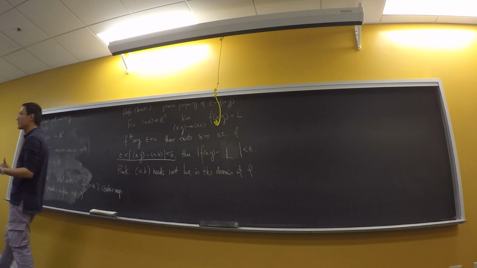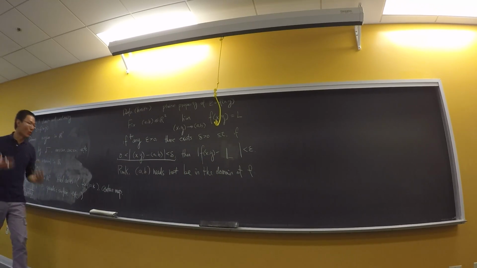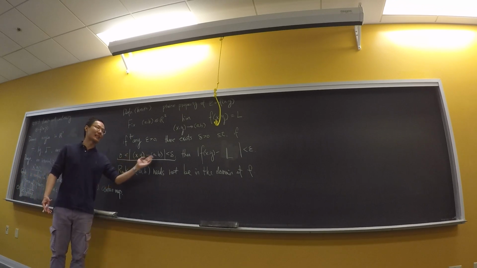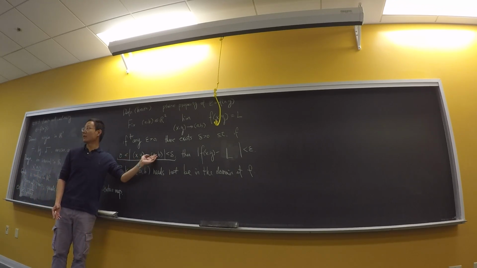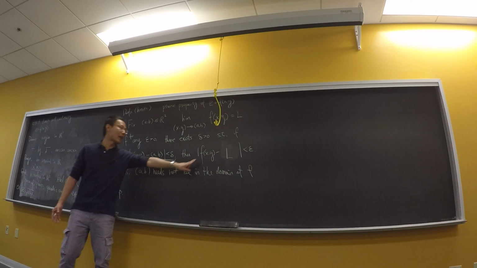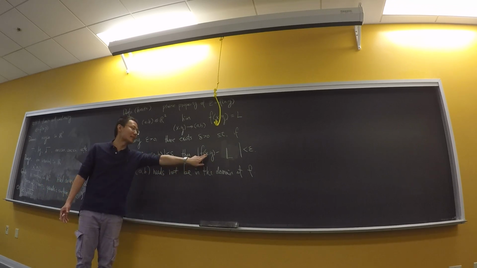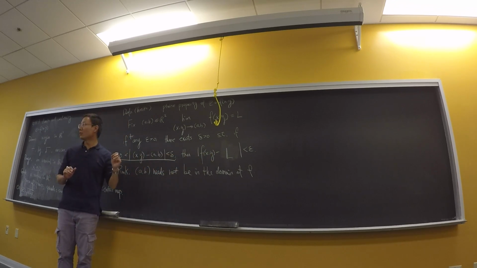But in the whole process, I never require my xy to be exactly equal to this fixed point. So when I evaluate, I will evaluate my function at this xy, the neighboring points. I don't have to evaluate my function at AB at all. Are you with me? Which means I don't need this AB to be in the domain.